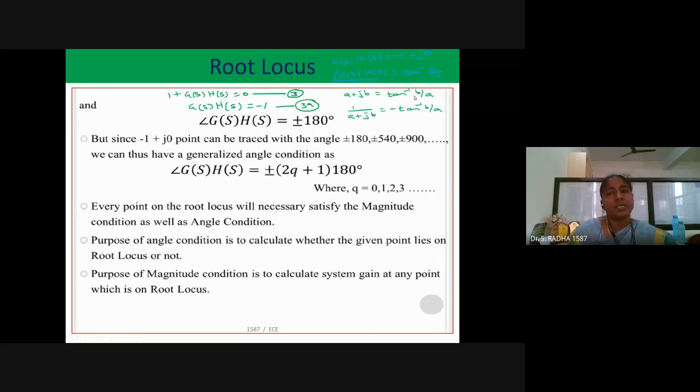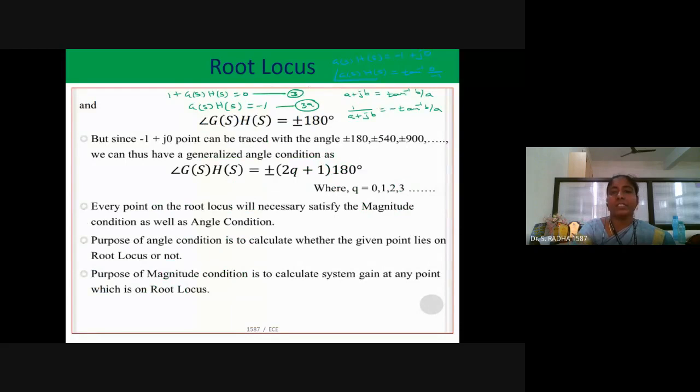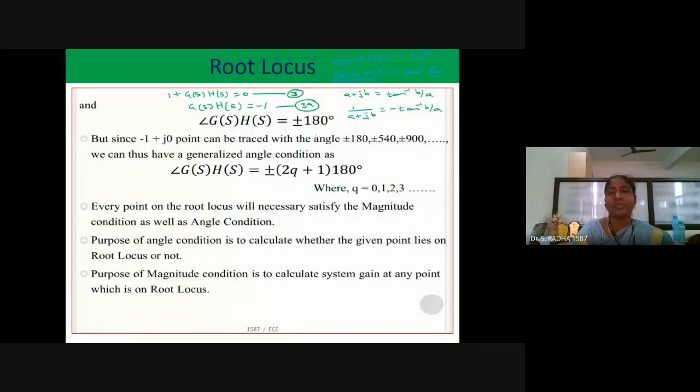And it is also taken as plus or minus 180 degrees. Like this, we are calculating the angle criteria. I will take the angle criteria as equation number 4.